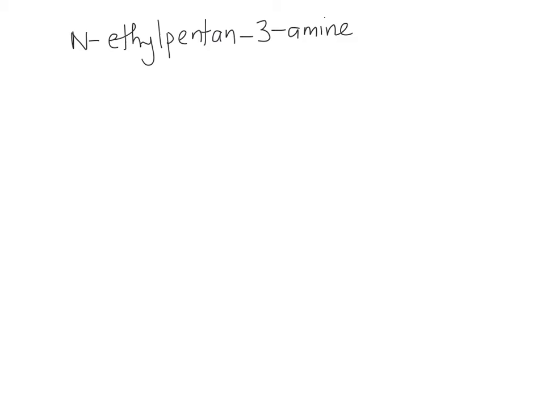Okay, let's draw this structure. N-ethylpentan-3-amine. So this is telling us there's the root, because it comes before the number and the word amine. So it's 5 carbons long, and the nitrogen is attached at carbon number 3.